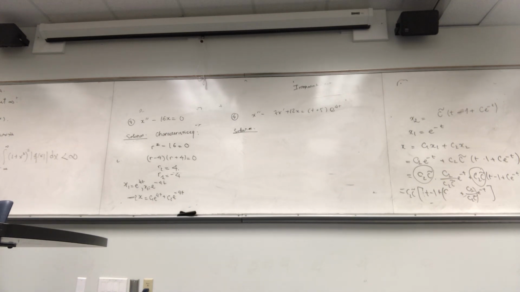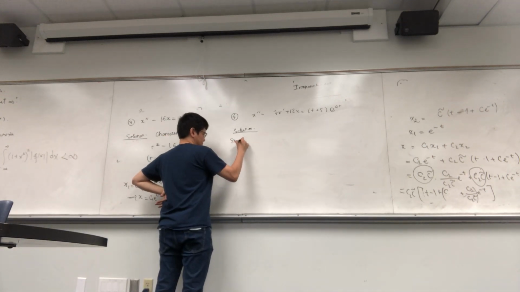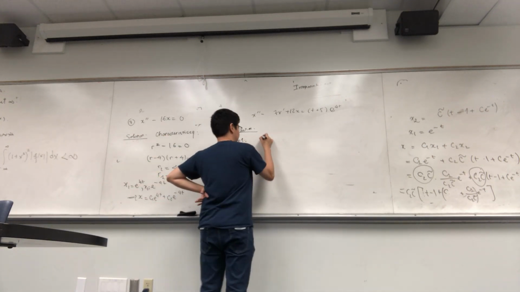Right. So what is step 1? This is an inhomogeneous equation. How can I solve an inhomogeneous equation in the first place? Yes? Find a particular solution. This is step 1, particular solution, right?